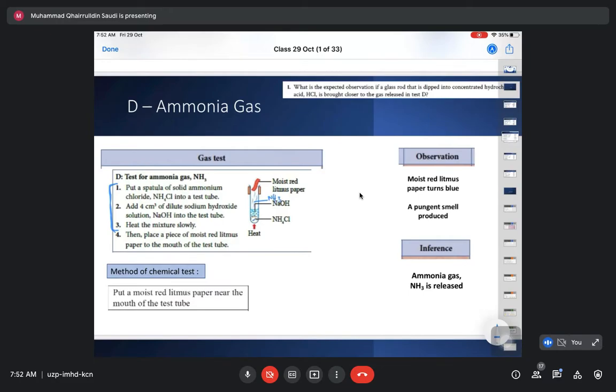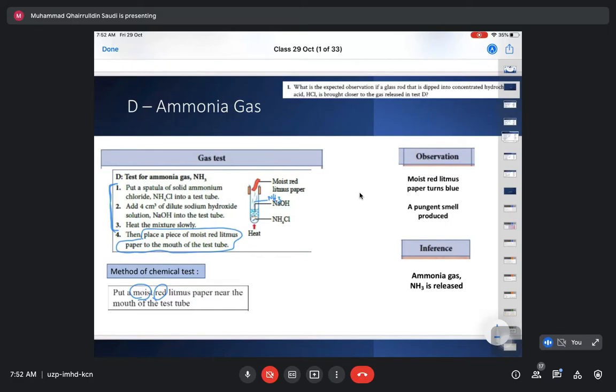So how to test for ammonia gas? We place a piece of moist red litmus paper at the mouth of the test tube. The important thing is moist red litmus paper near the mouth of the test tube.